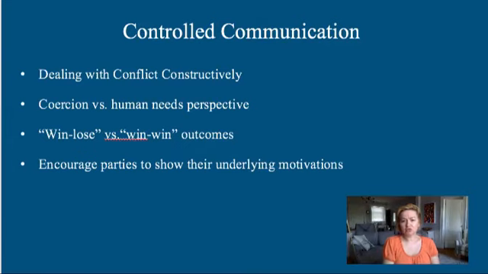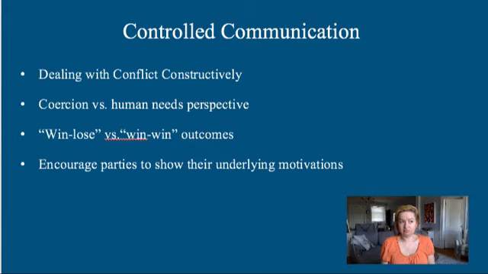Controlled communication leads to dealing with conflict constructively. What does that mean? That means that we deal with conflict through dialogue and open conversation. Controlled communication is also used to uncover the true underlying issues and needs of the parties.